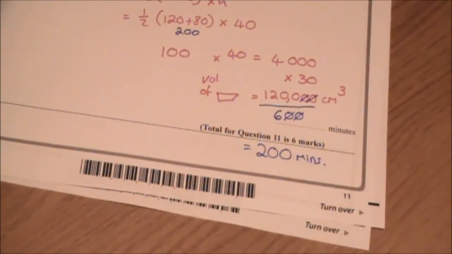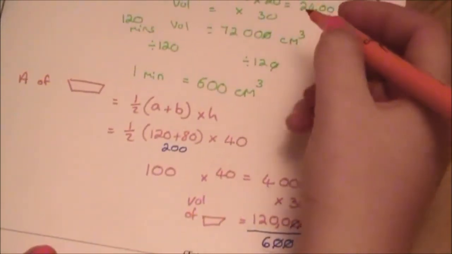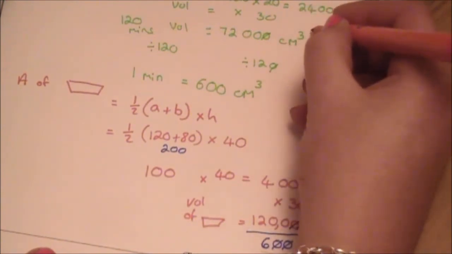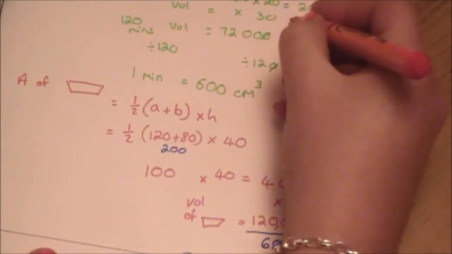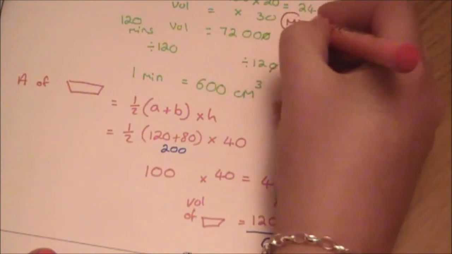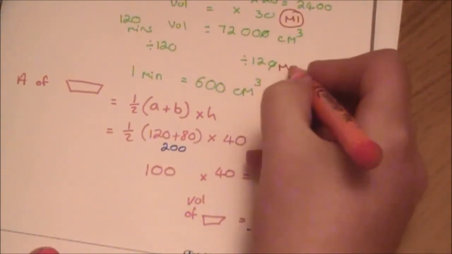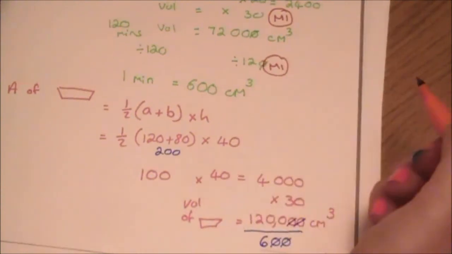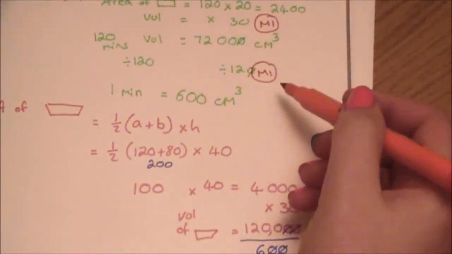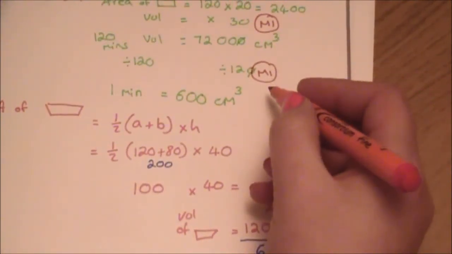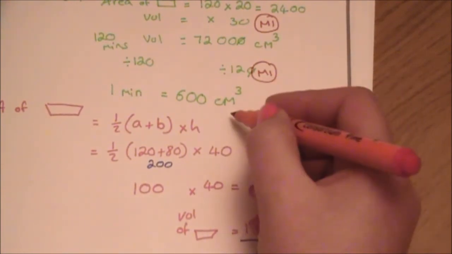Now, with regards to how the marks are distributed for this question, you get, as you would imagine, 1 mark for correctly finding the volume of the rectangle. You get the second mark for dividing by 120 to find out how many centimetres cubed per minute you find.